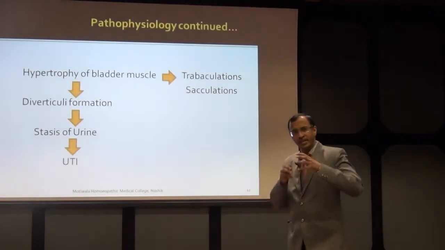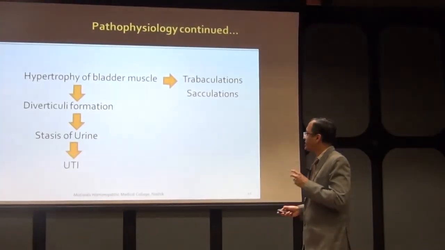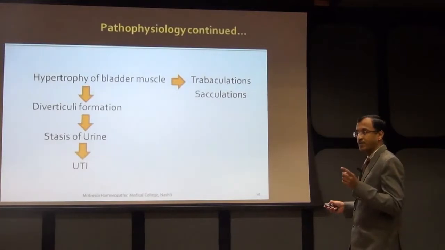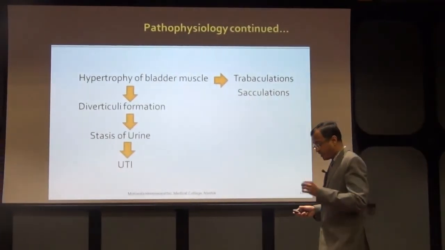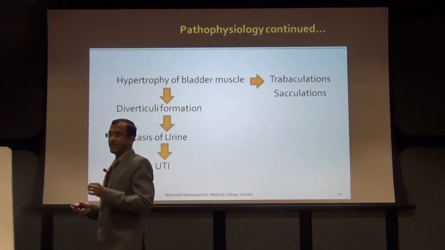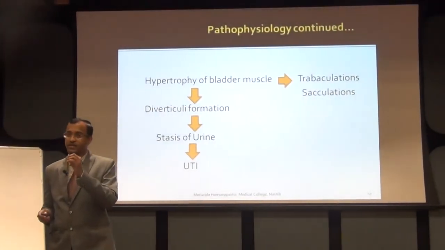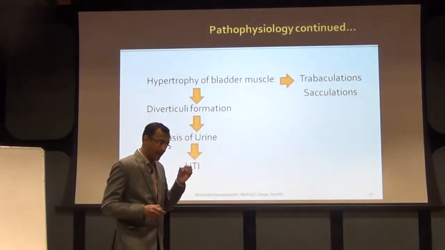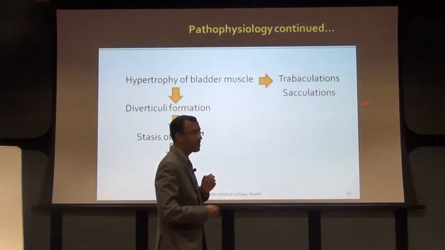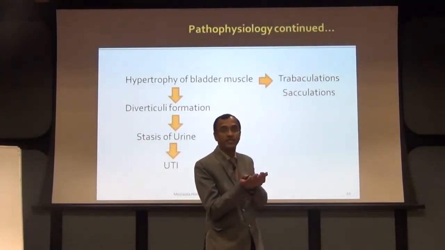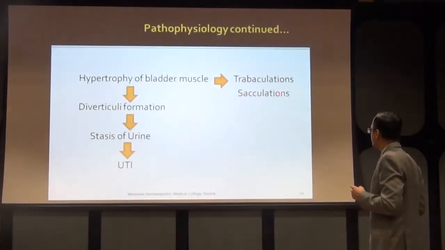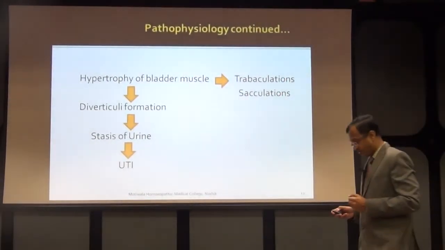Now, in the urinary bladder, there are two things that develop after the hypertrophy of the bladder muscle which are very key, and one needs to focus on them, because whenever we advise an ultrasonographic examination to diagnose benign prostatic hypertrophy, we have to look for these two words in the sonology report. The two key words are trabeculations and sacculations.